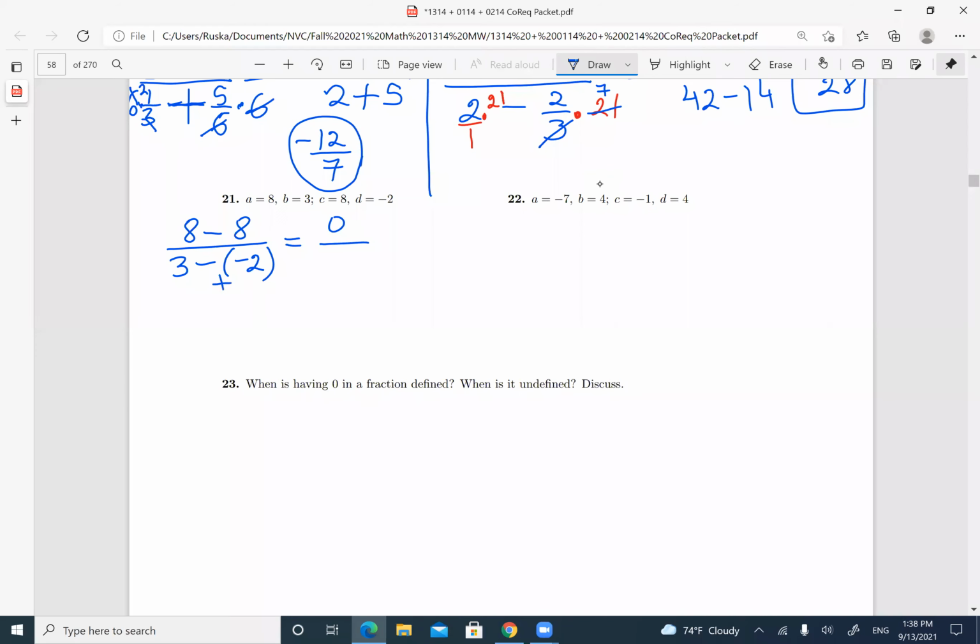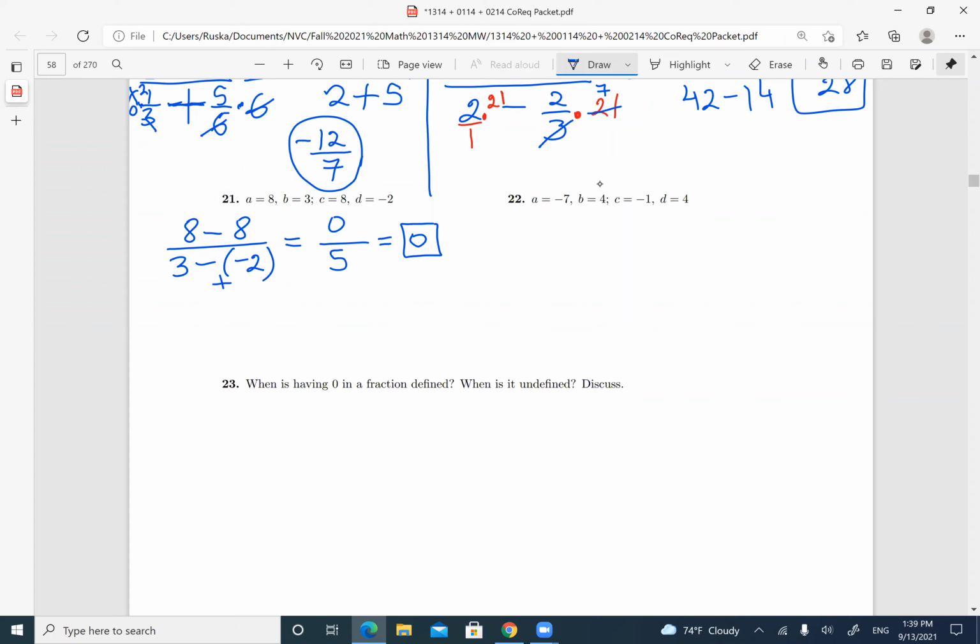And this becomes plus 2, right? Two negatives make a plus, over 5. What is 0 over 5? 0. Good job. 0 divided by 5 is 0. The answer is 0, which is okay. 0 is a number, right?